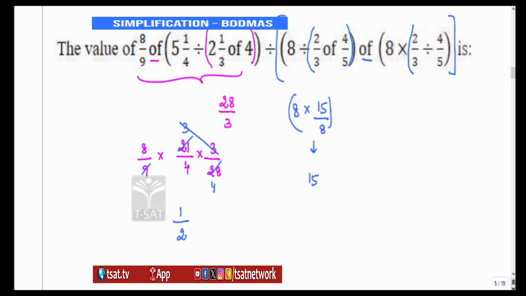First give priority to division. 2 by 3 in 5 by 4 it becomes 5 by 4, 2 by 3 into 5 by 4. Then after into only anyway. 4 1s are, 4 2s are. So, it becomes 20 by 3. 1s are, 5s are.